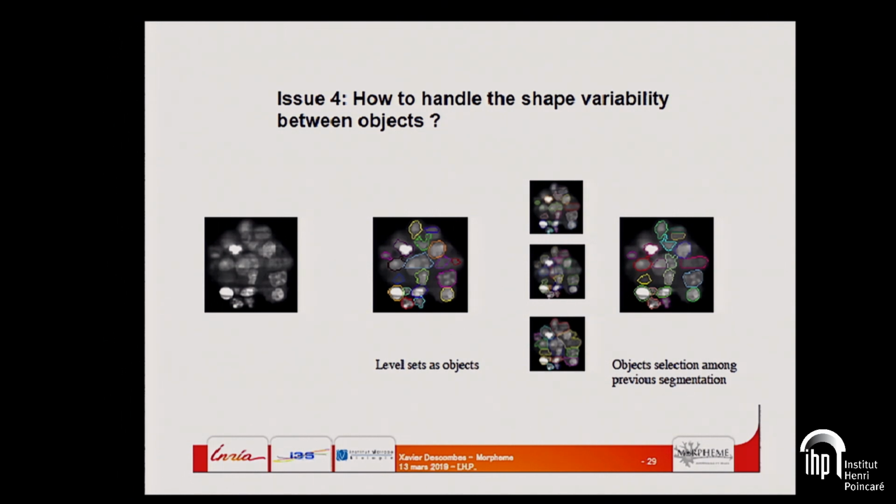What was interesting here is that we took different segmentations: one based on watershed, one based on active contour, and so on. The final result we obtained was a combination of all these things. So it's also good in terms of segmentation. There is not one best method for every shape, and if you mix them, you can have a combination of all the methods.